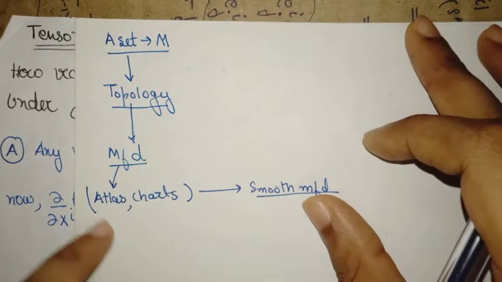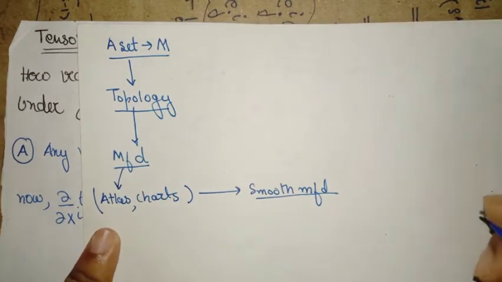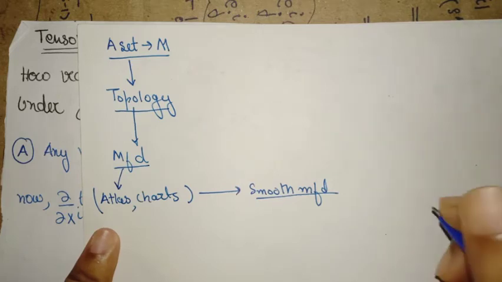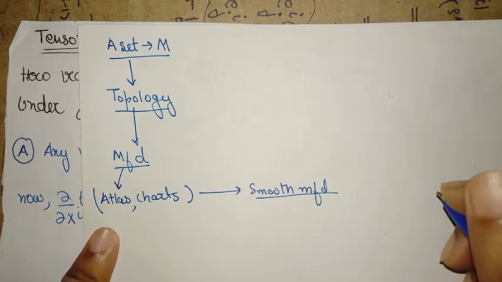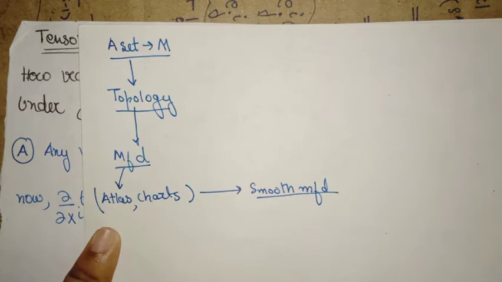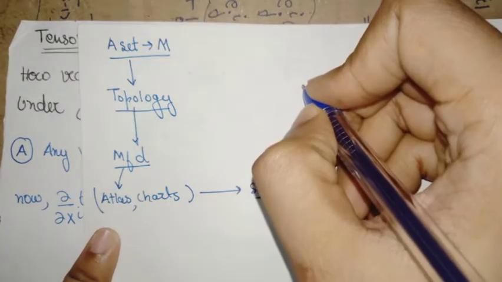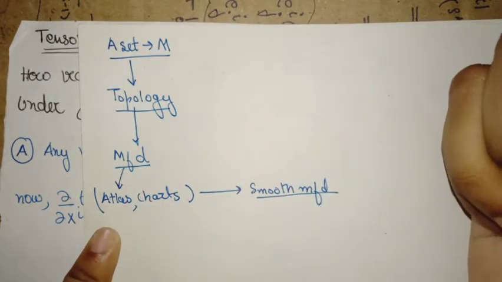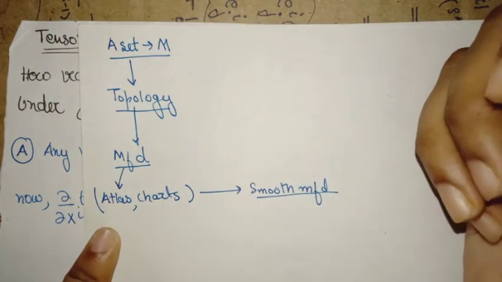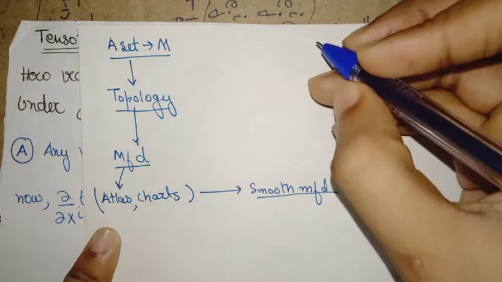In this video, I will be trying to continue the discussion on tensors. In the previous video, I already gave a nice description of chart transformations and how vectors actually don't transform.